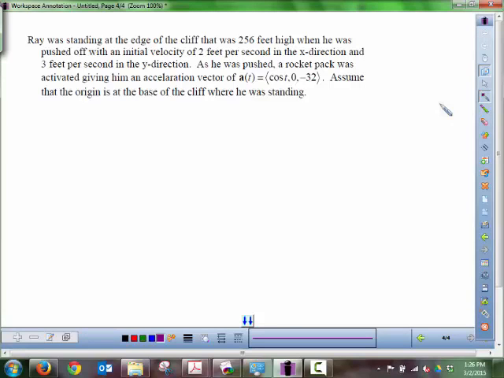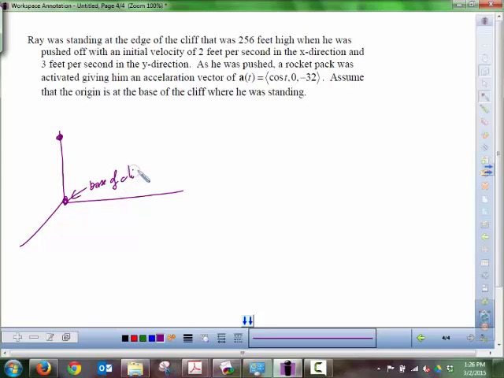Yeah, so this is definitely 3D. So the base of the cliff, let's say the base of the cliff is down here. That's the origin. And then this is 256 feet above sea level.